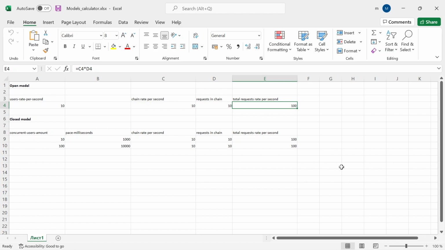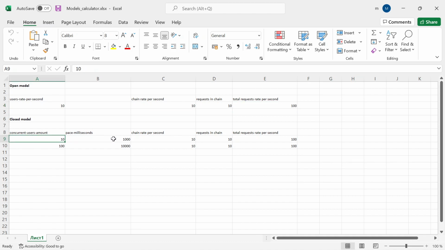The same rate of requests can be set when testing the eShop as a closed system. To do this, you need to set the parameter number of concurrent users, as well as the period of execution of actions.